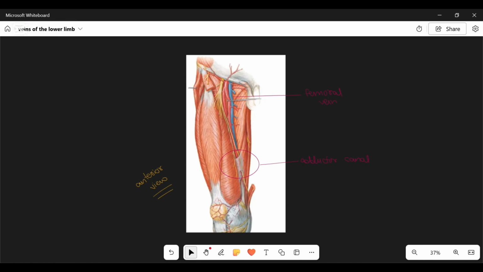So here we can see the adductor canal, and this photo is in an anterior view or an anteromedial view, and the popliteal vein would come from the back, from the posterior aspect, go through this adductor canal and become the femoral vein as it continues through the femoral triangle.